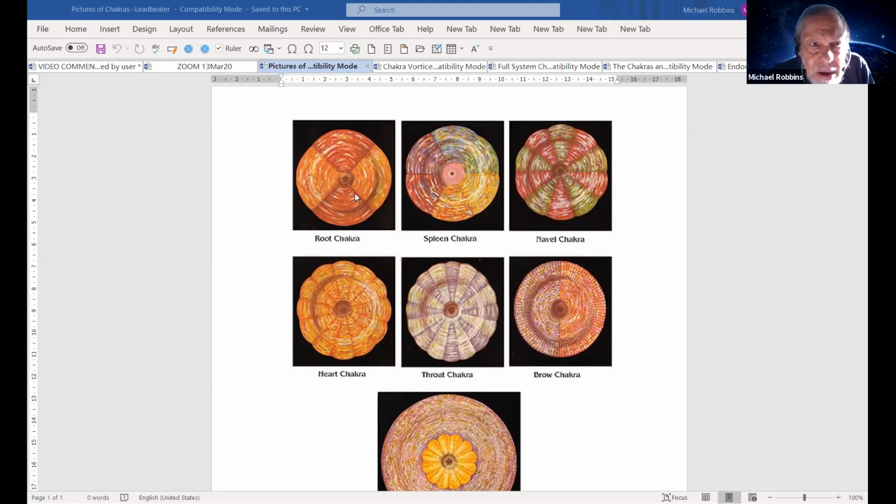Okay. And let's see, Leadbeater, Man Visible and Invisible. I can try that too. Let's see here. If it's possible, yes, it is possible. Okay.